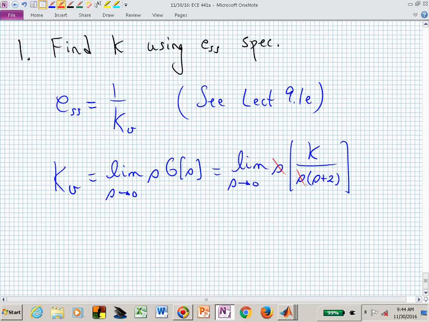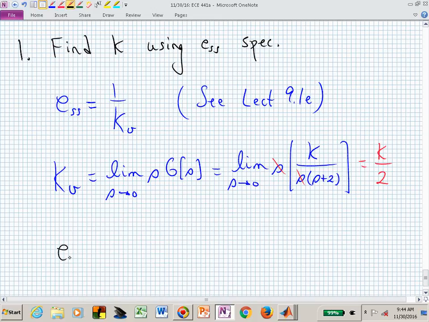Those s's cancel, and if I let my s vanish, I end up with, in terms of my gain in my given system G, it's related to k sub v by this relationship. K sub v is k over 2. And what did we want for k sub v? Well, that was given to us from our steady state error relationship.